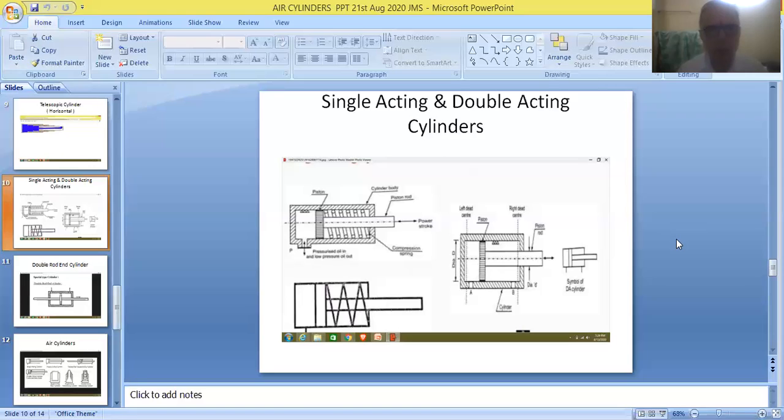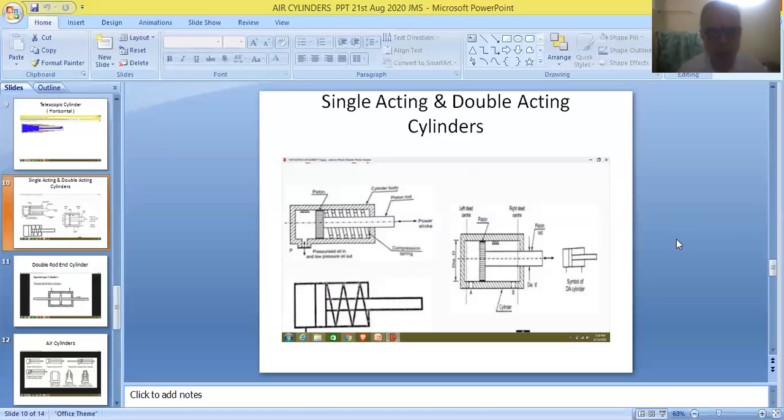And finally, two-way and three-way DC valves are provided with only one outlet port. Therefore, they are only suitable for operating single-acting cylinders.